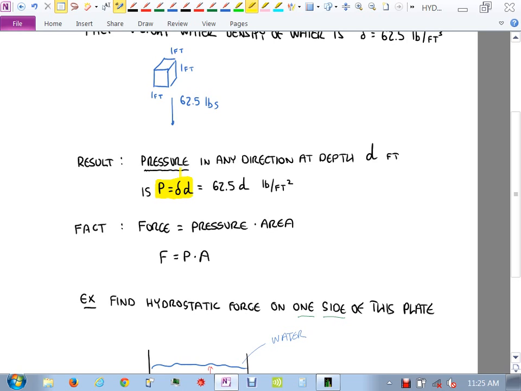Yes? What is that symbol? Anyone know what that's called? This one right here? Ooh. Where are my Greek alphabet people?